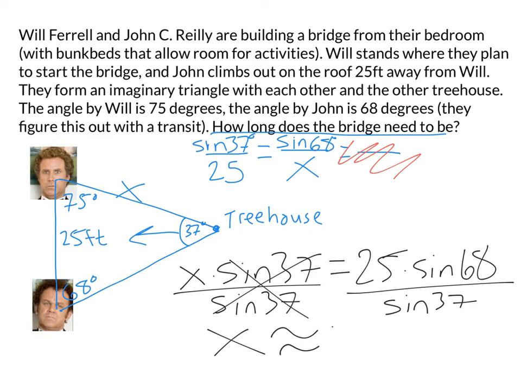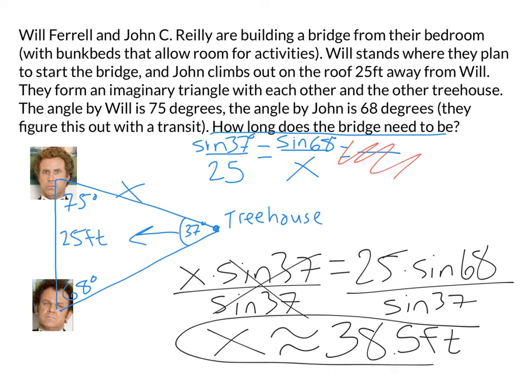I end up getting 38.516, so 38.5 feet. The rough length of the bridge that they're going to build from the bedroom to the treehouse is about 38.5 feet long. And they did that without using right triangle trigonometry, just a tape measure and a transit. Man, that sounds awesome.